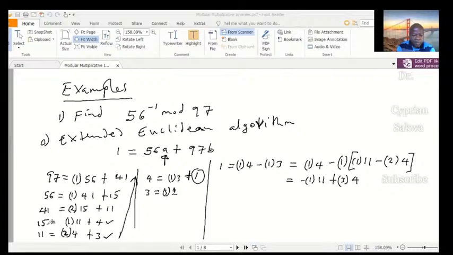What is 4? 4 is 15 minus 1 times 11. This will be negative 1 times 11 plus 3, but instead of 4, you're writing 15 minus 1 multiplied by 11. So I hope you are seeing that.